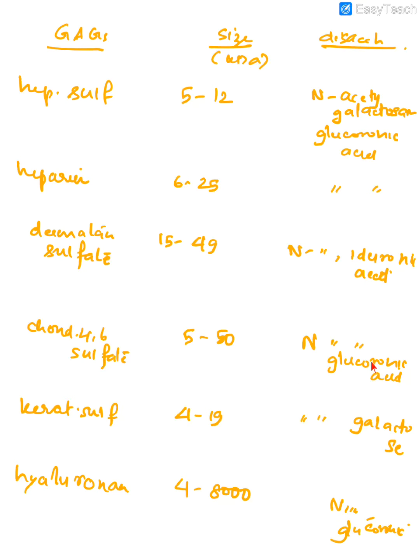In chondroitin sulfate also it is glucuronic acid. In heparin also it is glucuronic acid. In hyaluronan it is glucuronic acid, but in dermatan sulfate it is iduronic acid, and in keratan sulfate it is galactose. Because of these glycosaminoglycans, the stroma is able to hold water and the normal stromal swelling pressure is 60 mm of mercury.